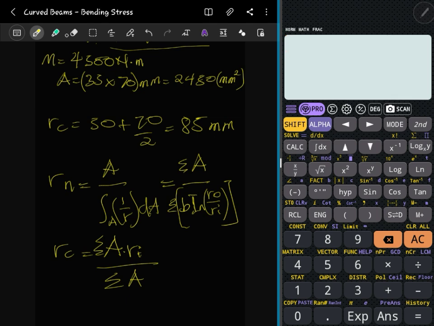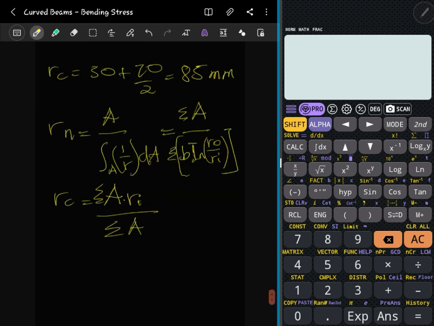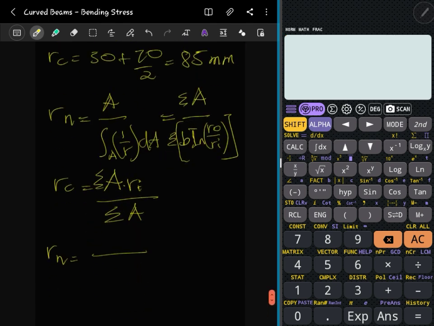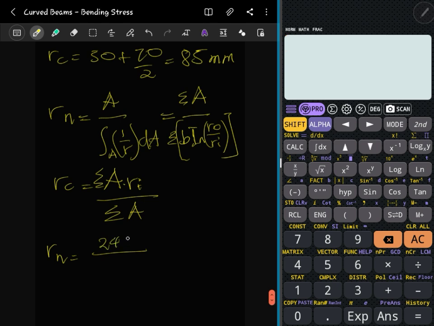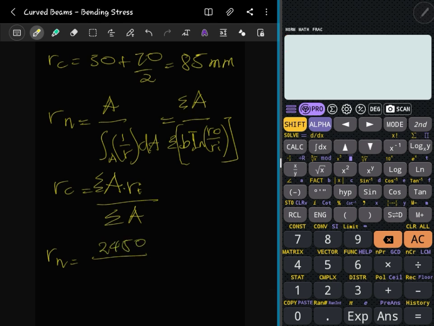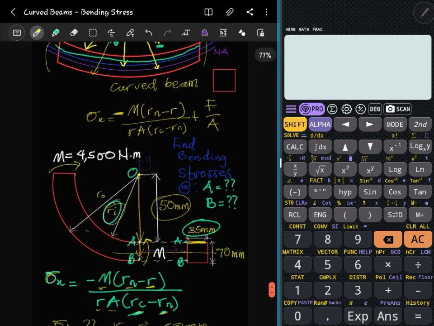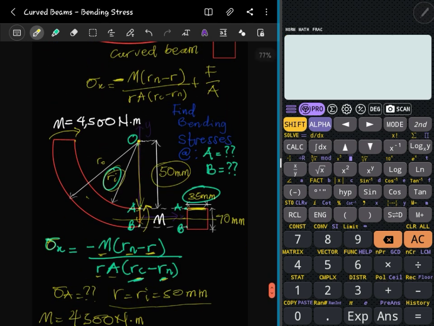Okay, so now our aim is to find the Rn. To find that, Rn will be the area which we found already, which is 2450, and the b here is just saying that if you look at the figure or the loading system, this is the center of curvature.